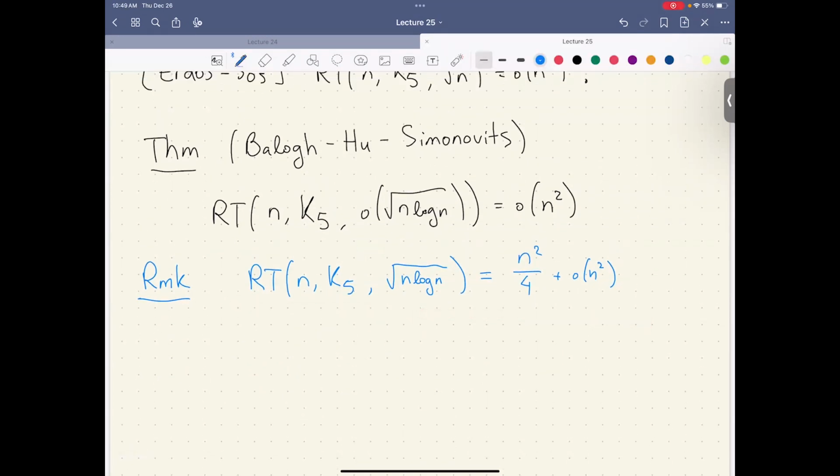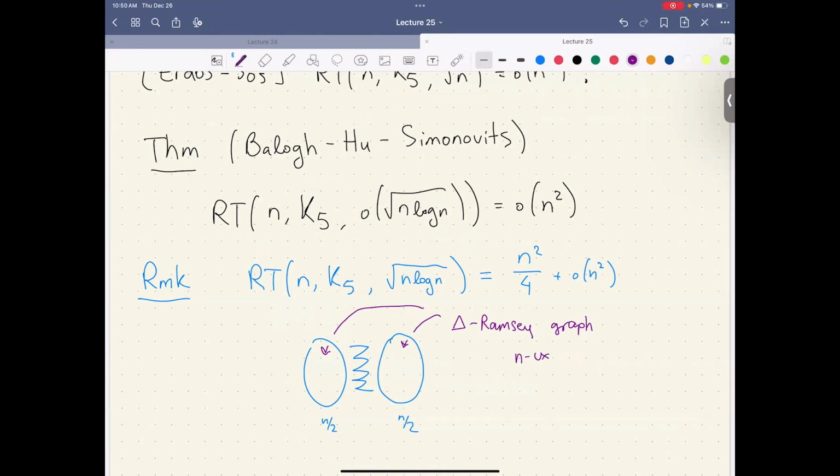Why is this true? The construction is easy. Just take n over 2 vertices on each side, add all edges between them. Now inside each side, you put the triangle Ramsey graph. What does it mean? This is an n over 2 vertex graph which is triangle free, and independence number is of order of magnitude square root n log n.